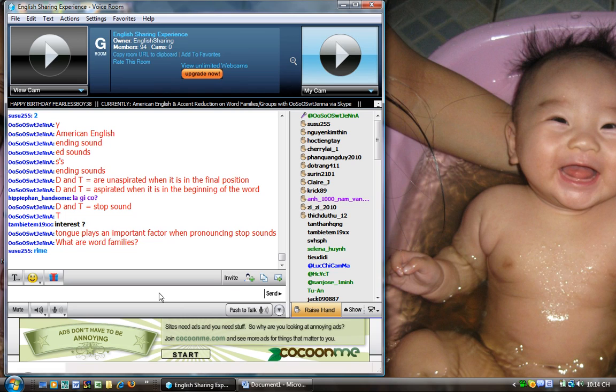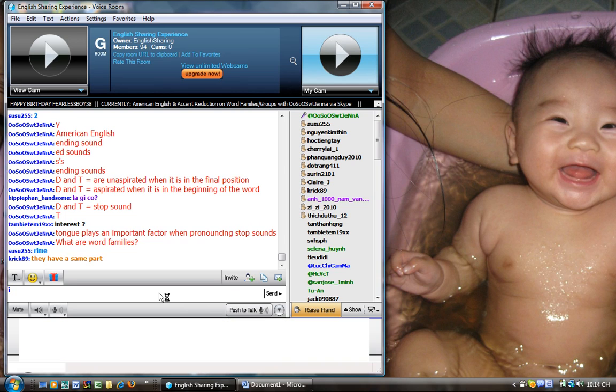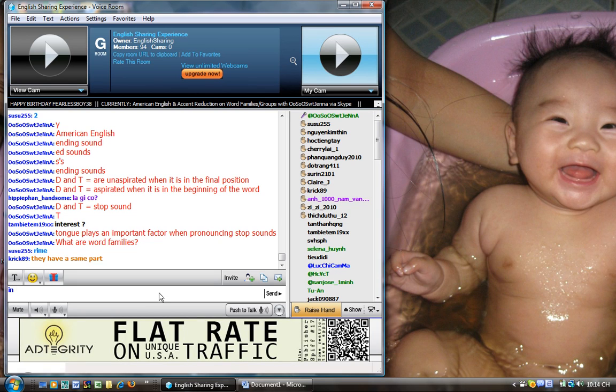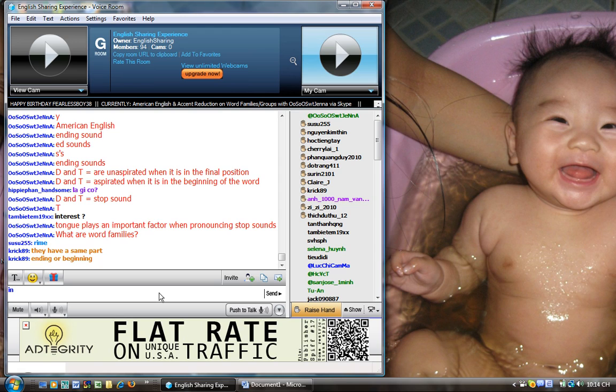Be more specific. Tell me what they are. They have the same parts, okay? What parts? Not ending or beginning? Nope, not ending or beginning. It can only be at the ending. Word families will only be located at the ending, right?